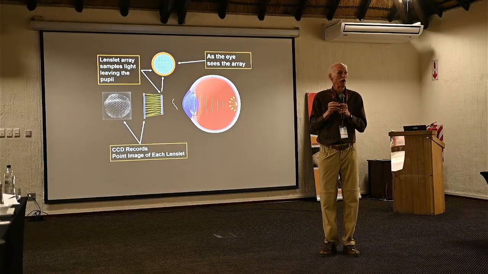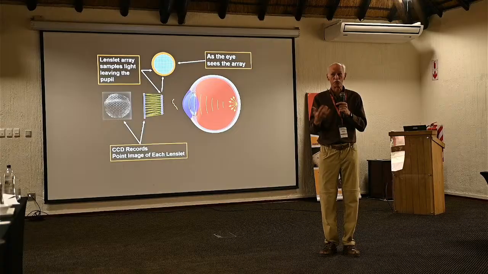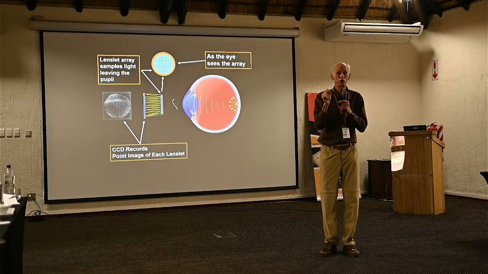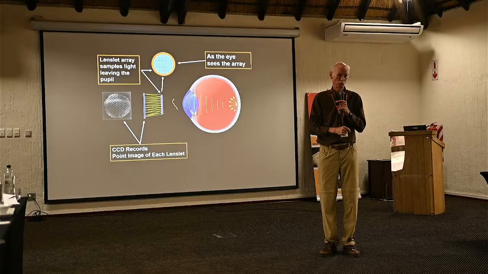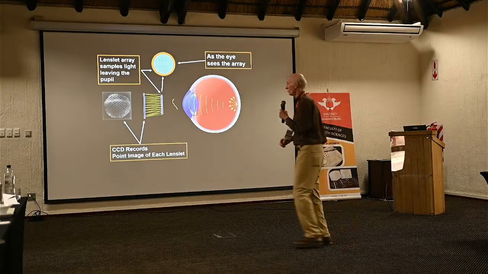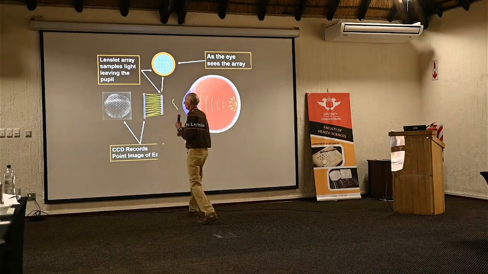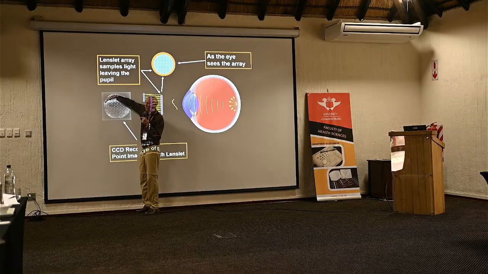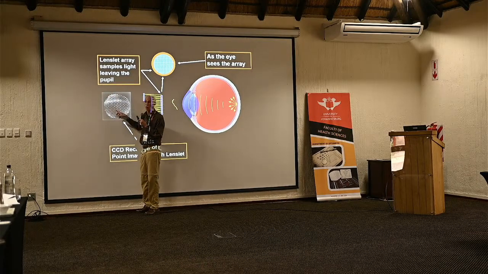See? Now, as you know, the very beginning of analyzing these kinds of data is to say, where is the center of the pupil? Well, if all you have to work with is the bottom two thirds of this picture, you might think that the center of the pupil's down there. All right? And you make a mistake. That's not where the center of the pupil is. The center of the pupil's up here.